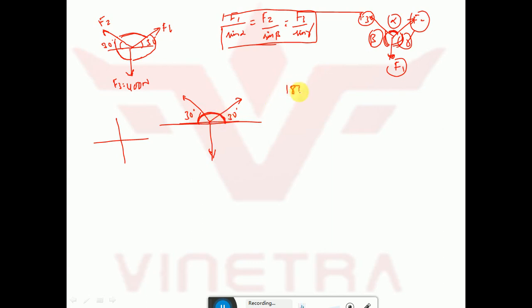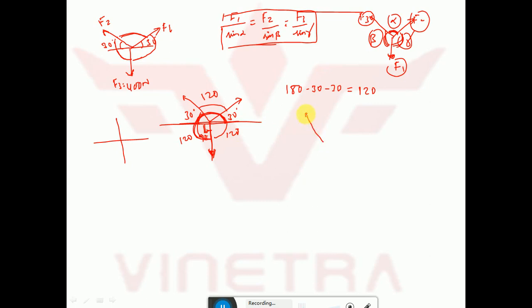So 180 minus 30 minus 30, that is 60 degrees subtracted, so we are left with 120. This angle will become 120. And we know this is acting perpendicularly downward, so the angle here is 90 degrees. So 90 plus 30 makes an angle of 120 here. In the same manner here also it will become 120 degrees.